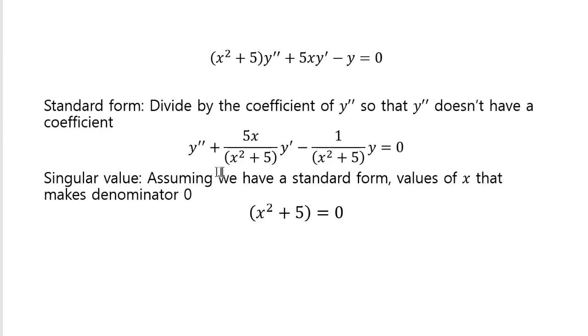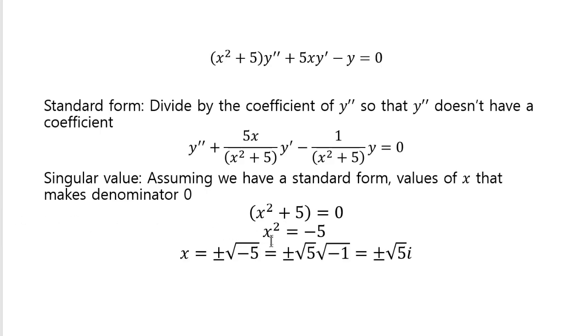All right, so we set the denominator x squared plus 5 equal to 0. Since they are the same, we just have to solve this one equation. If they are different, we have to solve both of them, and any solutions will be singular values. So there can be many singular values for a given differential equation. We move the 5 to the other side and take the square root.